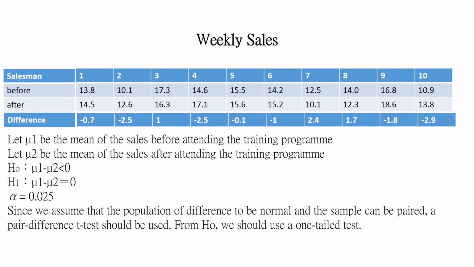The alpha is equal to 0.025. Since we assume that the population of differences is normal and the samples are paired, a paired difference t-test should be used. From the alternative hypothesis, we should use a one-tailed test.